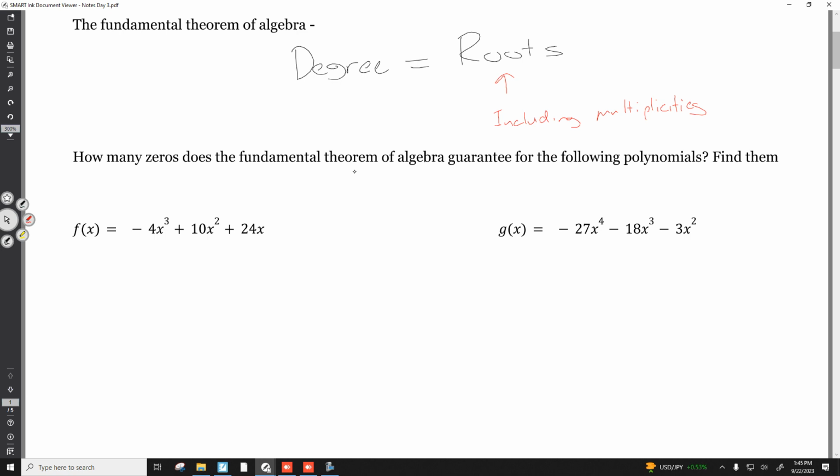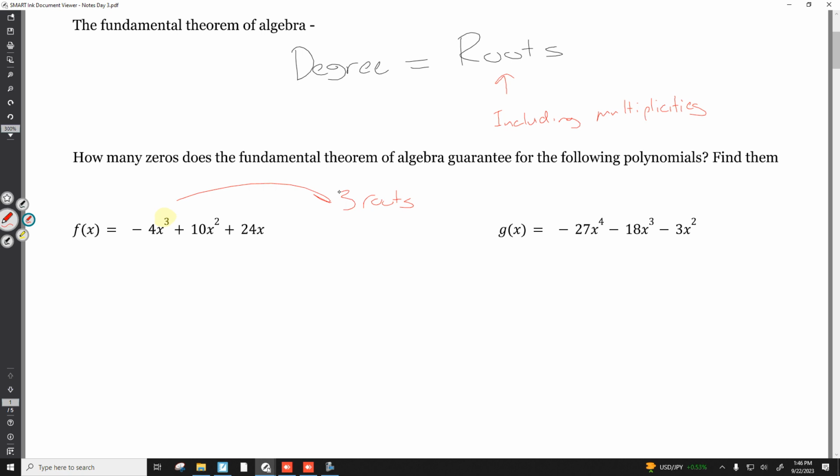If you have a function, what's great about the fundamental theorem of algebra is you look at it and you know you're going to have 3 roots. Your goal is to find them. Ready, set, go.